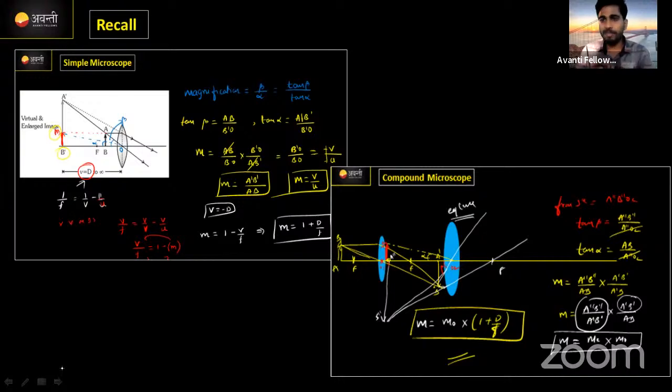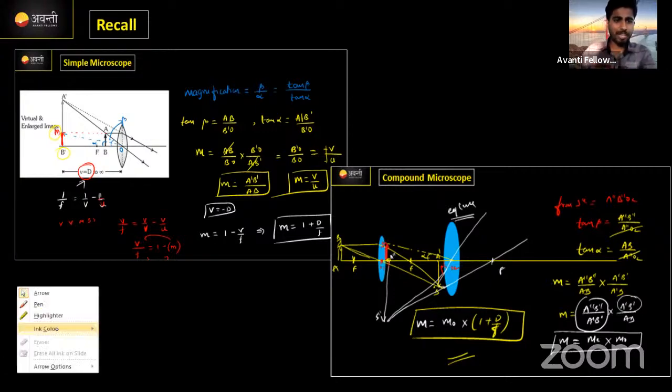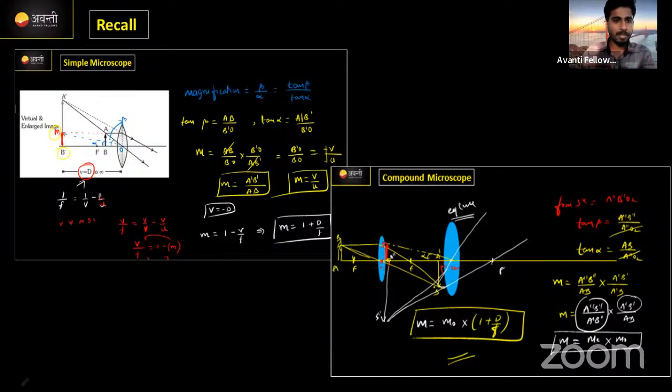In both cases we calculated only one thing, that is the magnification. Means we find out the image size by object size, a comparison. That is called the magnification of a lens. Here in simple microscope the magnification obtained, कितना आया था?